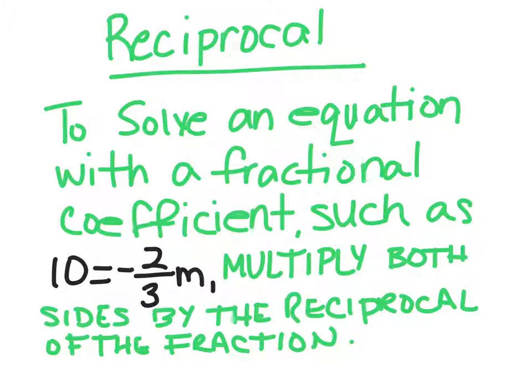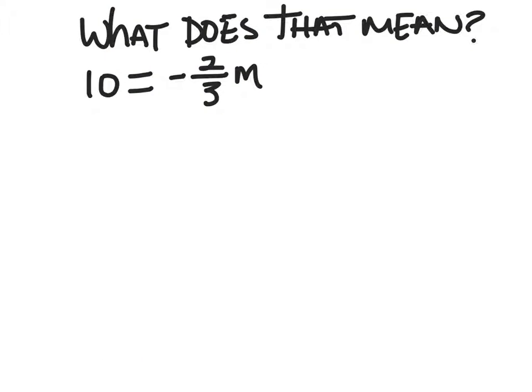Okay, now we're going to talk about reciprocals. And so to solve an equation with a fractional coefficient, such as 10 equals negative 2 over 3m, multiply both sides by the reciprocal of the fraction. So what does that actually mean? So let's look at the equation that I said on the previous screen. The fractional coefficient is this right there, negative 2 over 3.